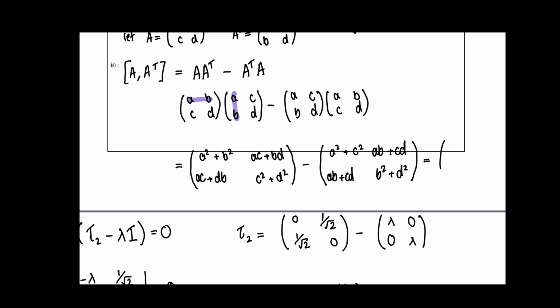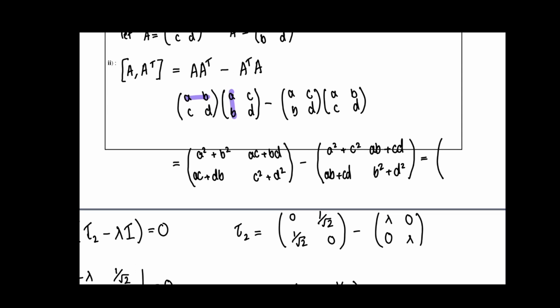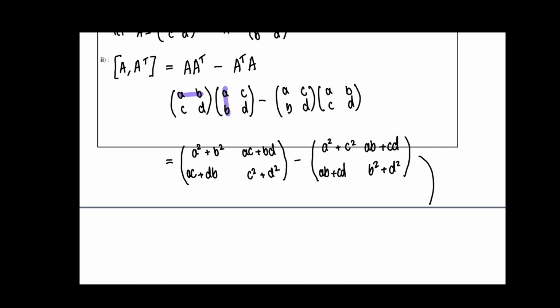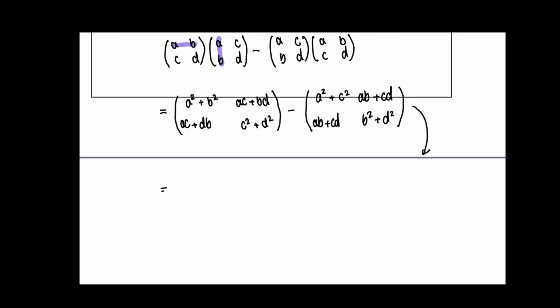If we now subtract these two matrices, we will get B squared minus C squared, AC plus BD minus AB plus CD, AC plus BD minus AB plus CD, and C squared minus B squared.